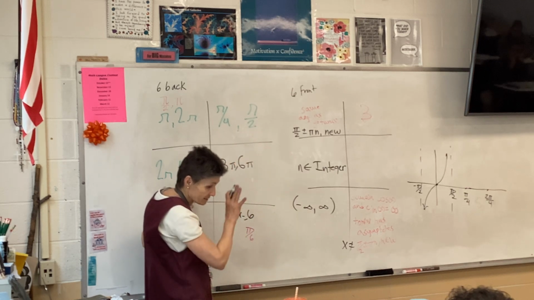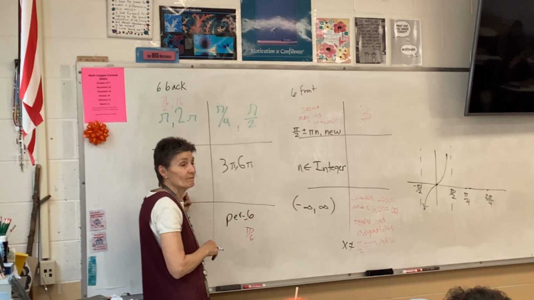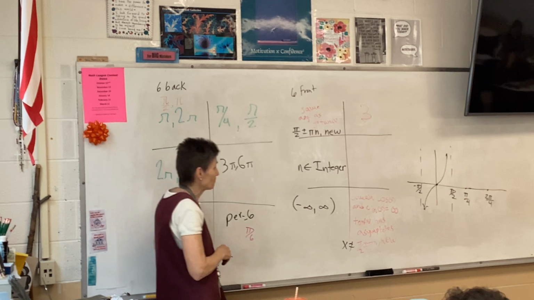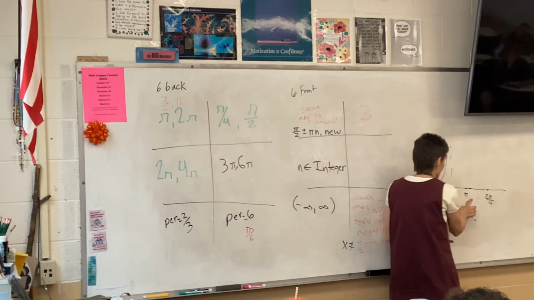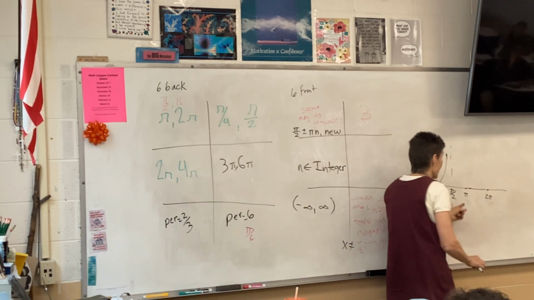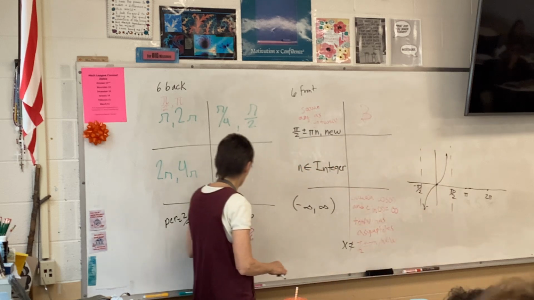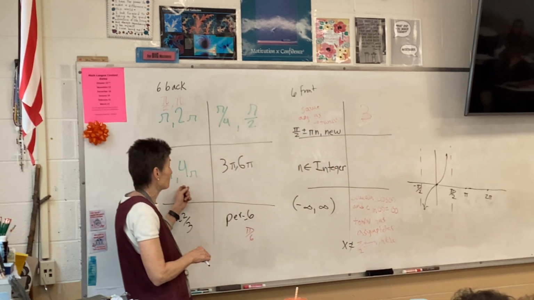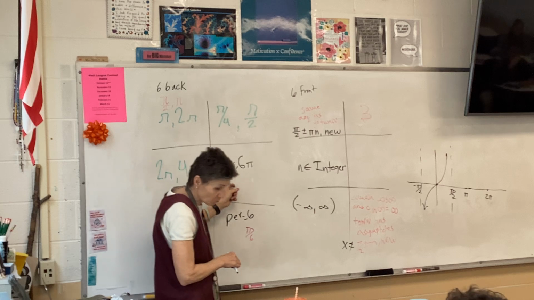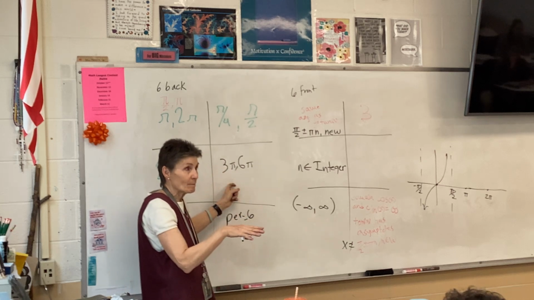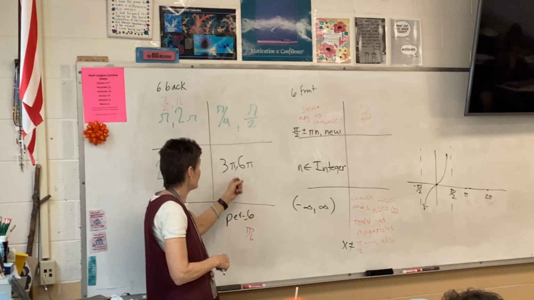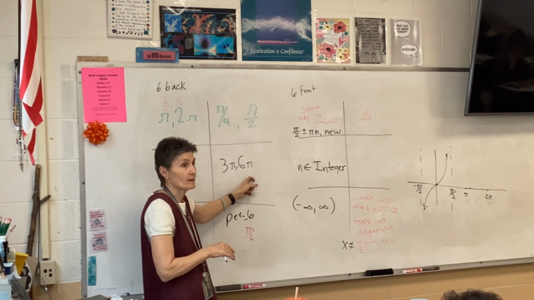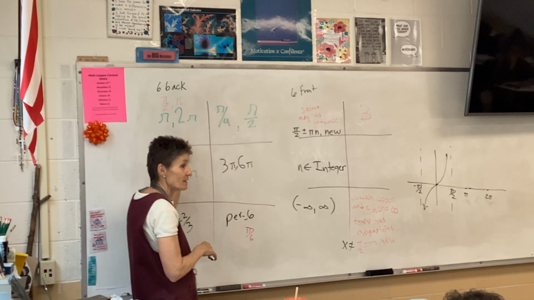This one, same argument, only we're dividing by a half, which means we're multiplying by 2. So pi and 2 pi is now going to be 2 pi and 4 pi. And this one, we're dividing by a third, multiplying by 3: 3 pi and 6 pi. I think that's great.